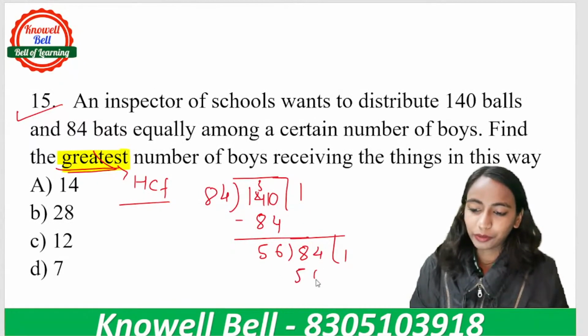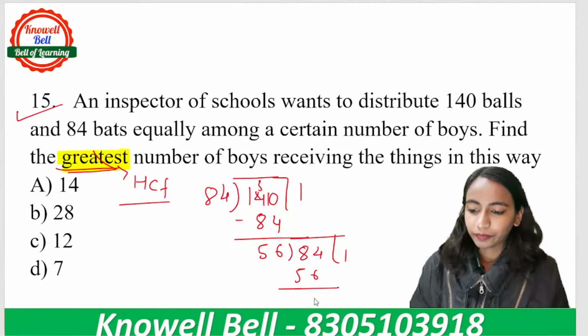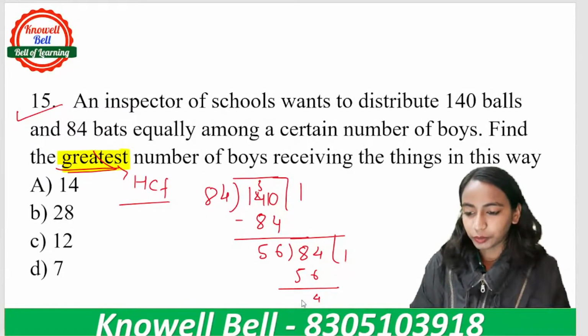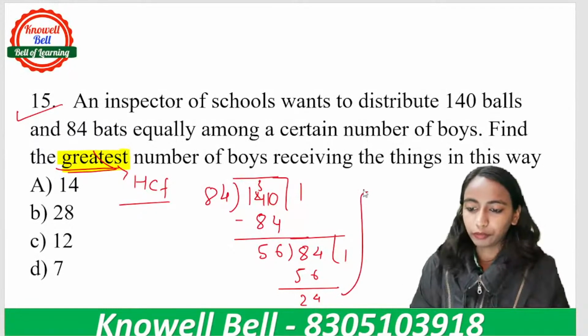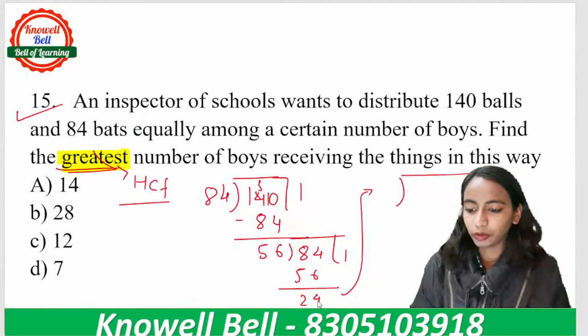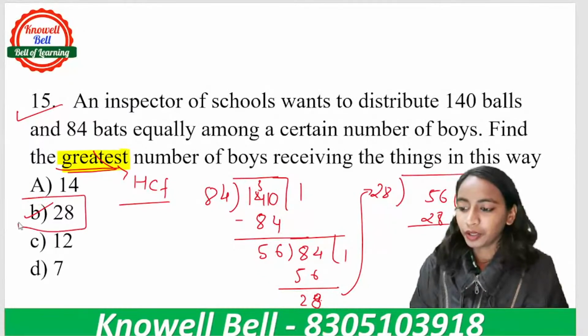This way we will do 56. What is going to be our remainder? Then this would be 84 minus 56, 28. So when you solve it, the answer will come out to be 28. So answer will come out to be option B, 28.